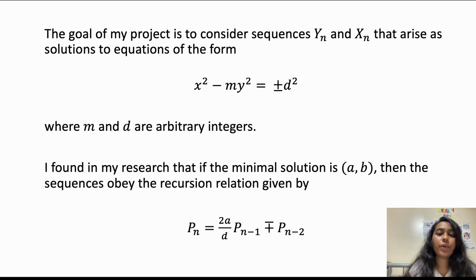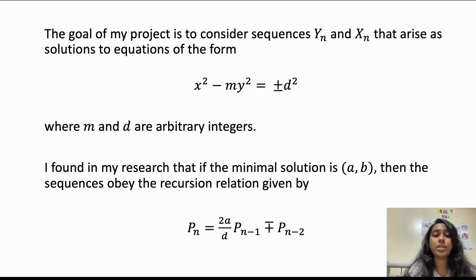The goal of my project is to consider the sequences y of n and x of n that arise as solutions of the equation x squared minus m y squared equals plus or minus d squared. This is the most general equation for my project, and every other equation comes from this one.